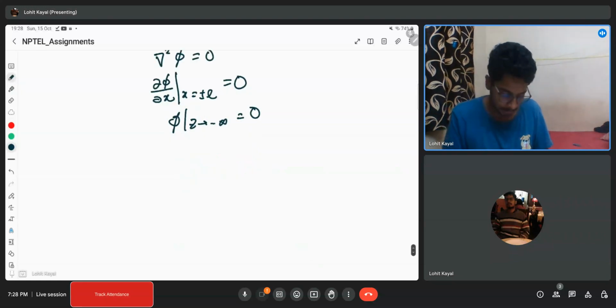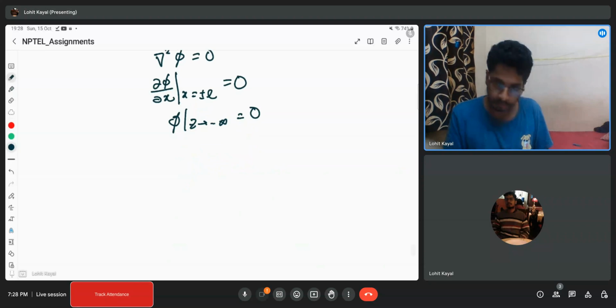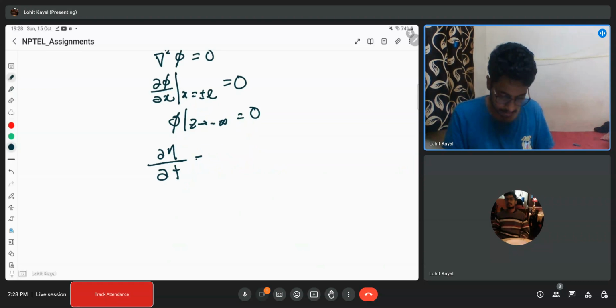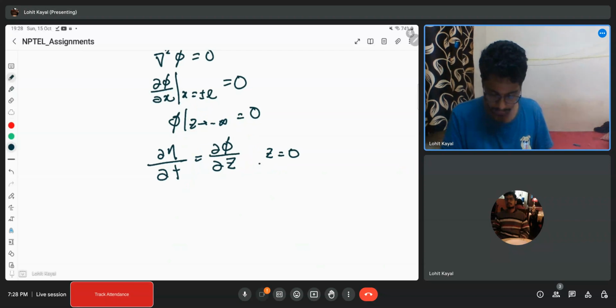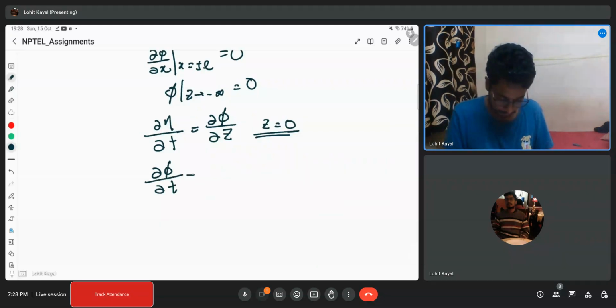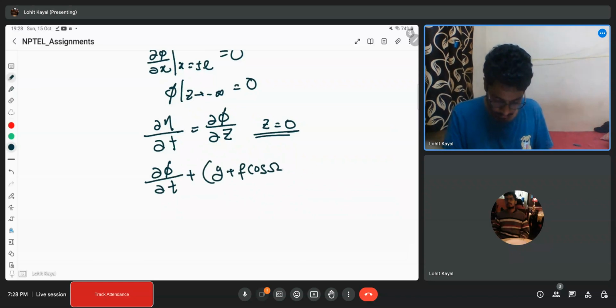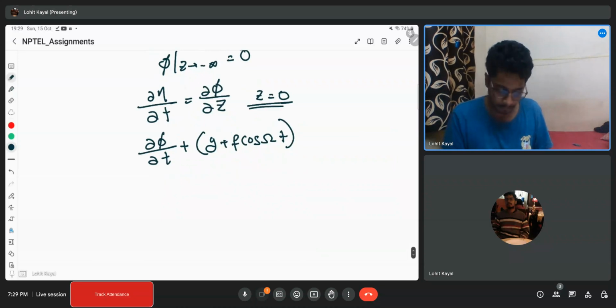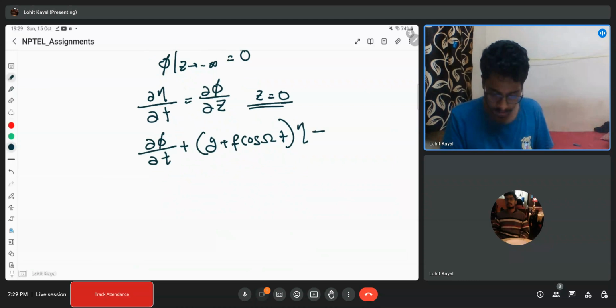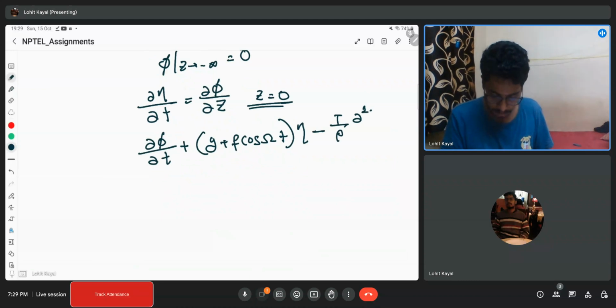Then the two important boundary conditions, that is del eta del t is equal to del phi del z at z equal to 0, and del phi del t plus (g plus f cos omega t) into eta minus p by rho del square eta del x square equal to 0.